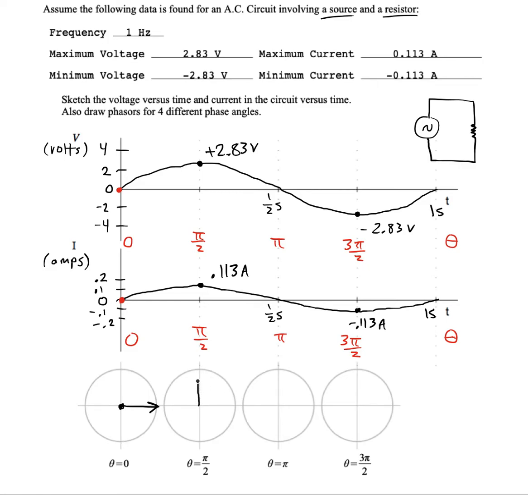It's going to take a whole cycle for the phasor to work its way all the way around the circle, and it'll eventually come back to 0 degrees at the end. So this vector is going to move around the circle as time goes on, and it takes 1 second for that to occur. These are just snapshots of where it's located in time. All right, we'll label that the voltage.